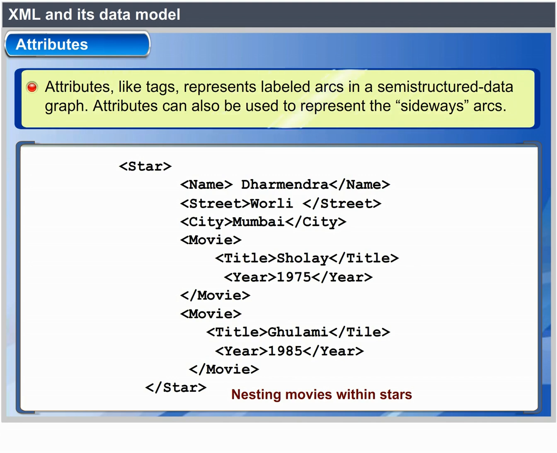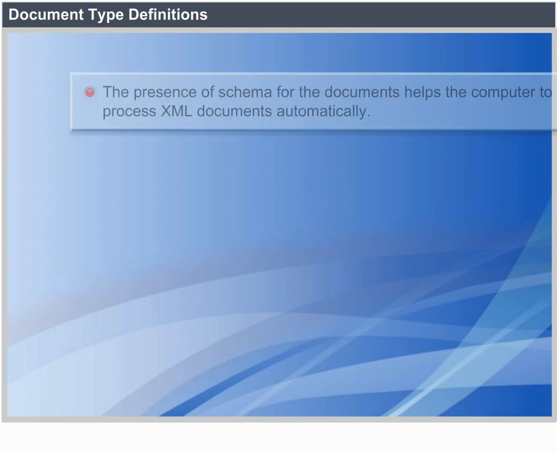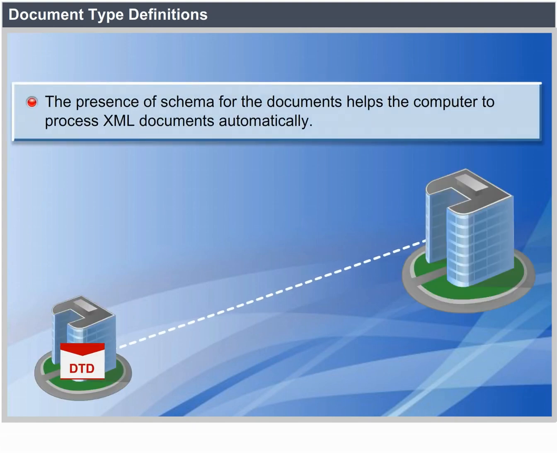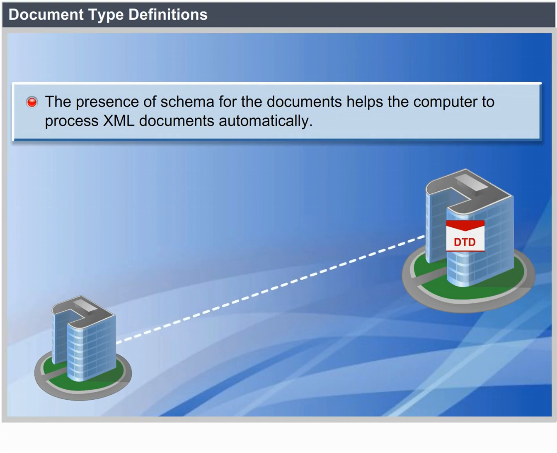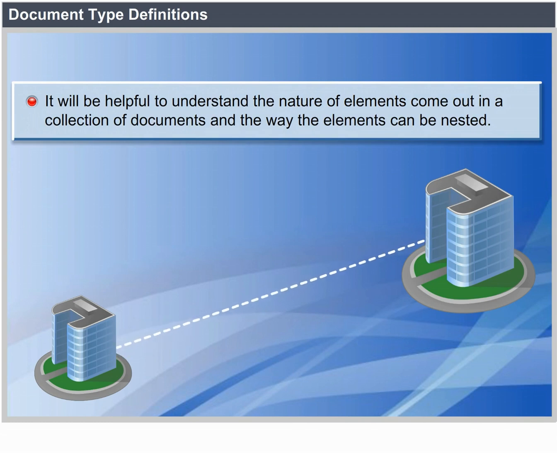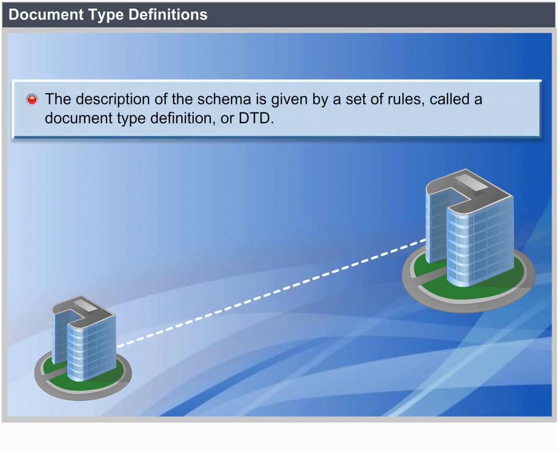Document type definitions. For a computer to process XML documents automatically, it is helpful for there to be something like a schema for the documents. It is useful to know what kinds of elements can appear in a collection of documents and how elements can be nested. The description of the schema is given by a grammar-like set of rules called a document type definition, or DTD.